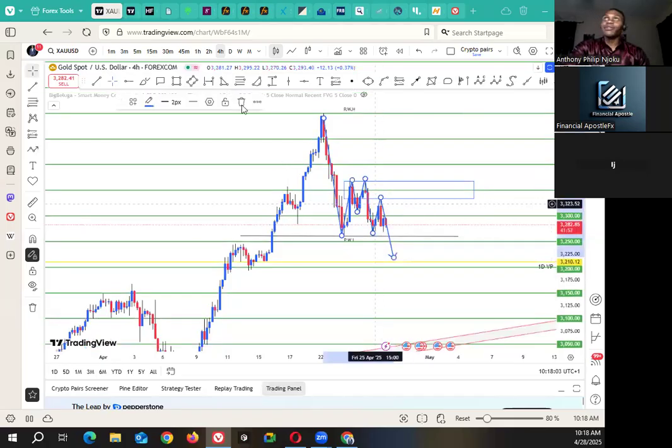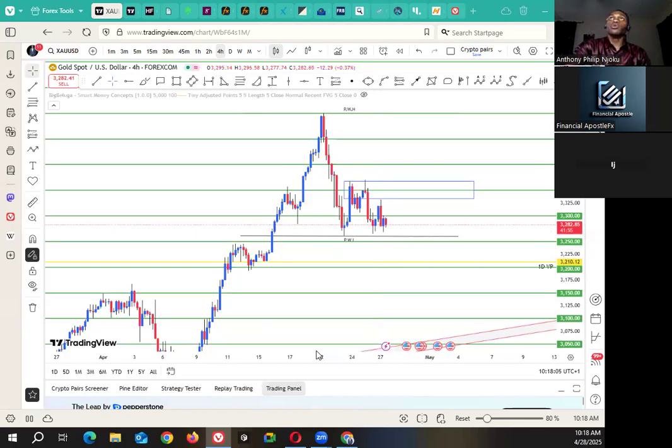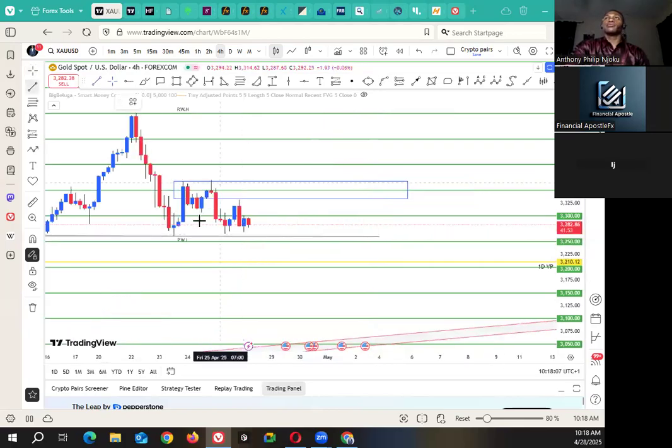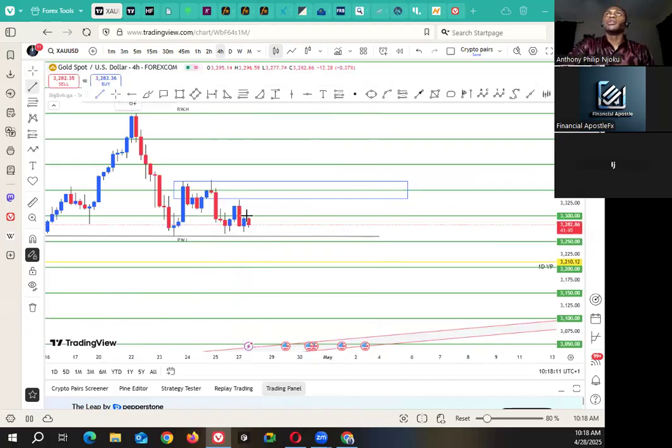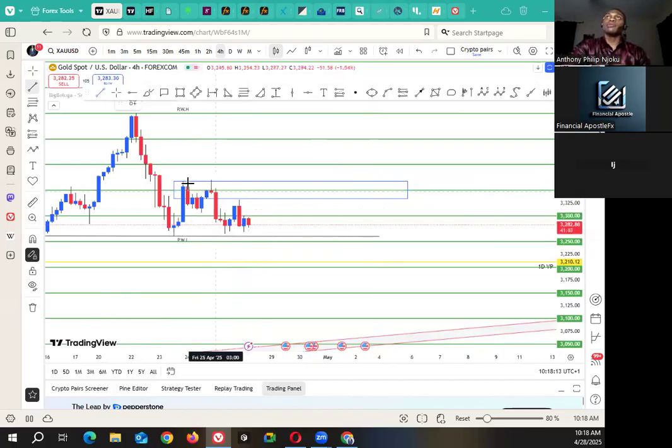Meanwhile, I have another picture of gold. This is the 4 hours time frame, correct? Yes. So before the market opened, we had an expanding wedge that played out this way.